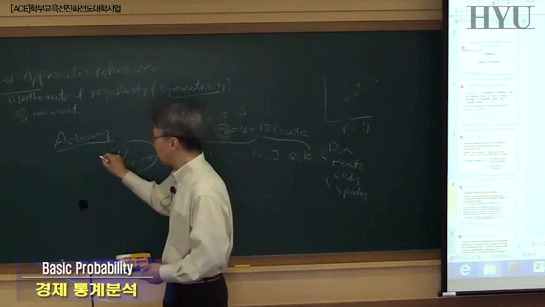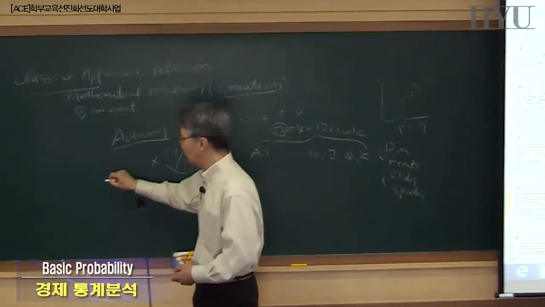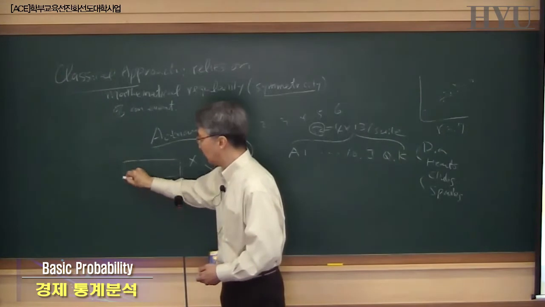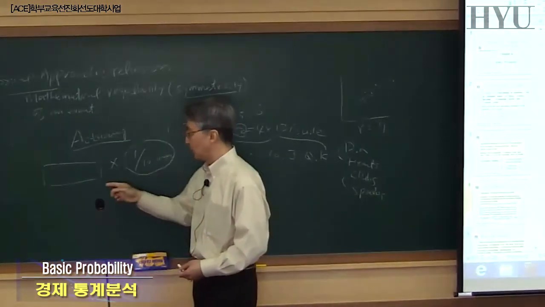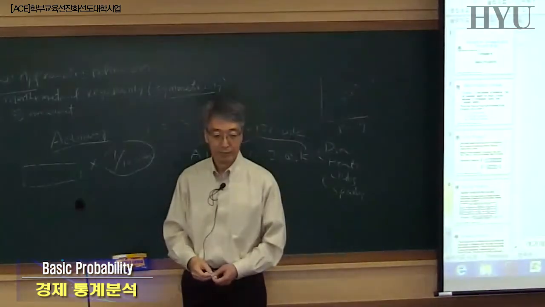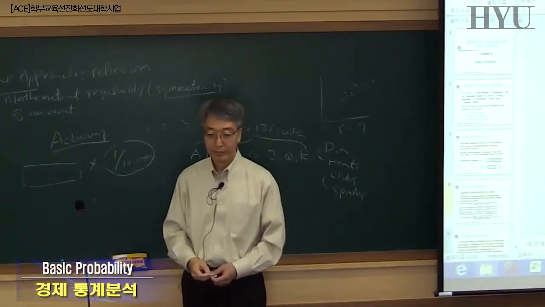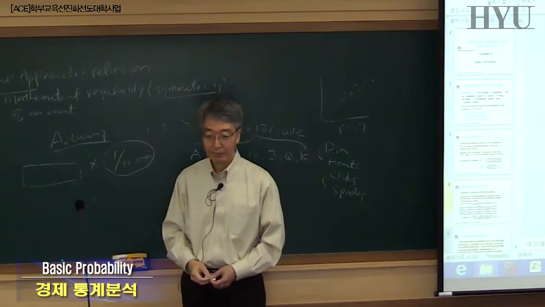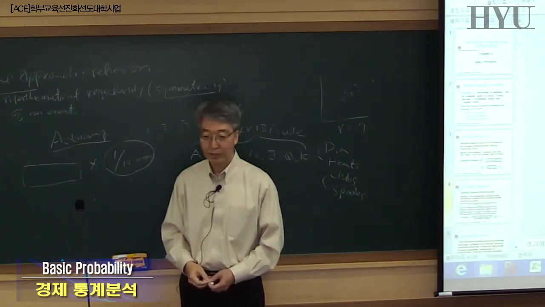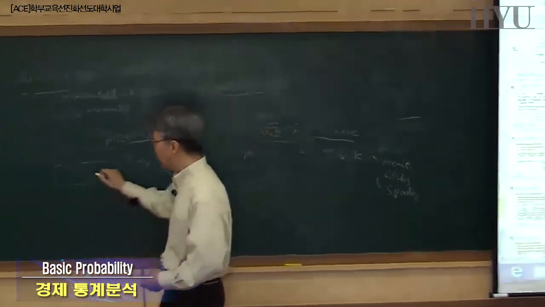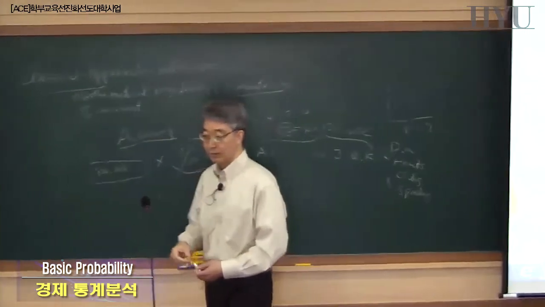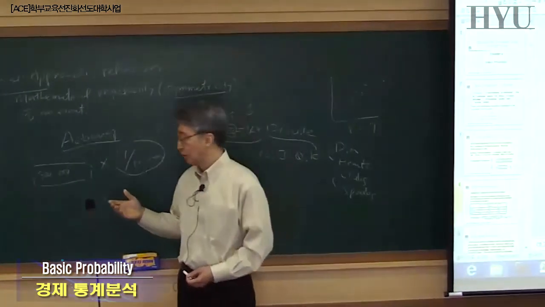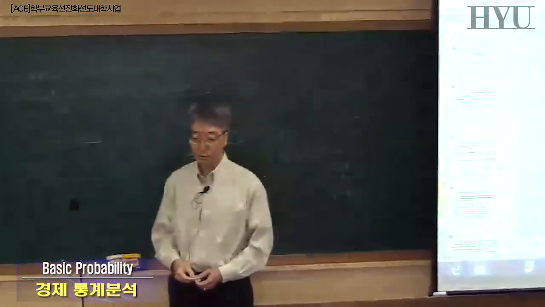And then they multiply this probability by what? Any idea? The cost of compensation, or the value of the house. Suppose the value of the house is $300,000. So in case this house is completely lost, they have to compensate $300,000.